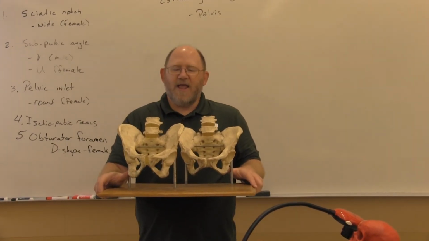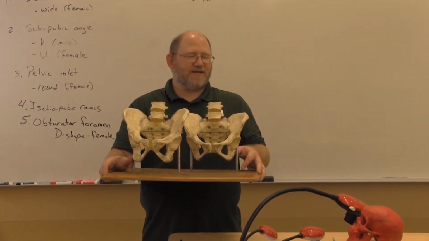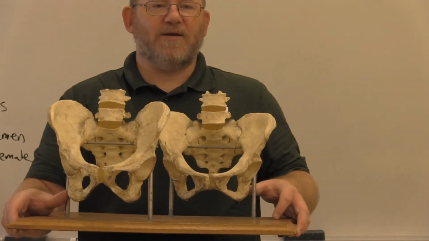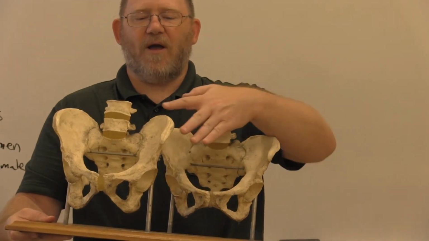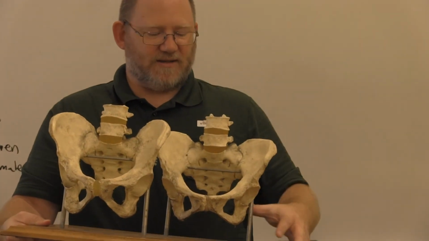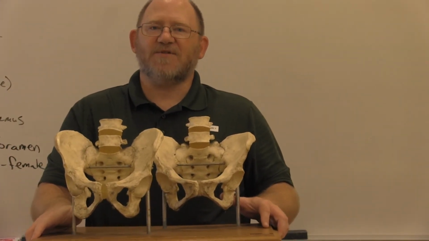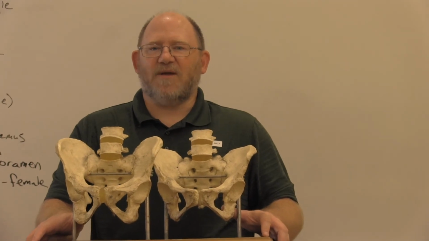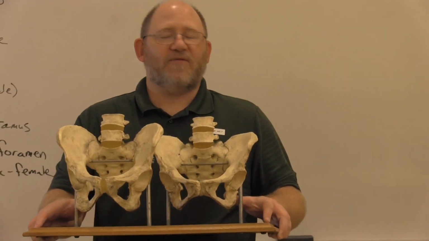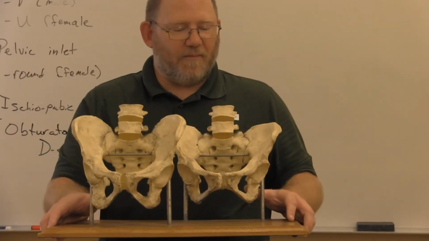For the female, you can see that the top part of the iliac crest is pointing more outwardly, and for males, it's more up. The shape of the pelvic girdle sometimes is described as saddle-shaped, and in females, that saddle is going to be a little bit more flat, for lack of a better way to say it, and males a little bit more angled.